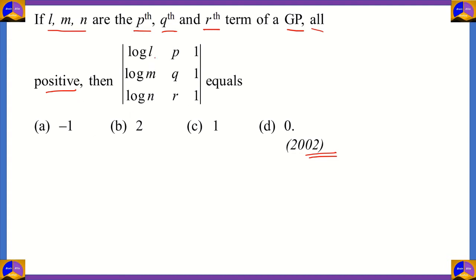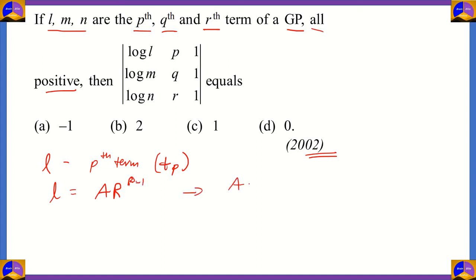So in a geometric progression, any term can be represented as a r raised to n minus 1. So suppose we have L. So L here is the pth term, which we can write as TP. So L can be represented as a r raised to p minus 1.